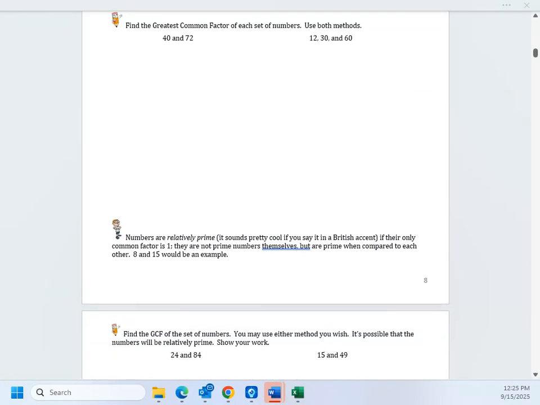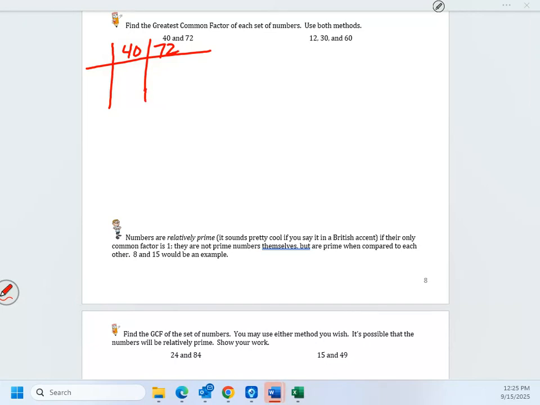So let's say we have two numbers, 40 and 72. And we want to know what the greatest common factor is of those two numbers. When we do that table method, we're gonna make a table, and we're gonna have 40 and 72.